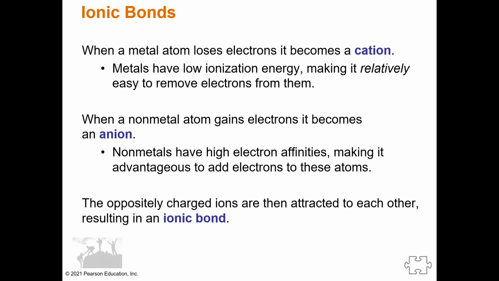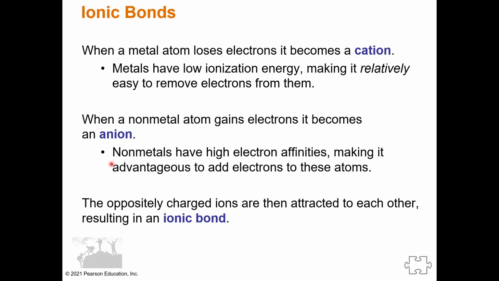Don't forget any of the periodic trends that you learned in the previous chapter, because we are going to see it again in Chapter 10. So you should remember that metals have low ionization energies, so it'll be very easy to remove electrons, and that's why they become cations.